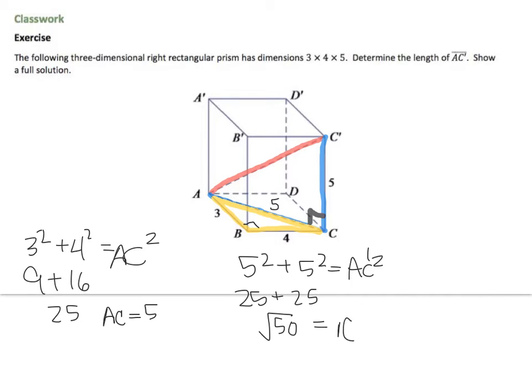So AC prime is the square root of 50, right? If I simplify this, I can break it into 25 times 2. So AC prime is 5 square roots of 2. Okay, lots of right triangles in that right rectangular prism.